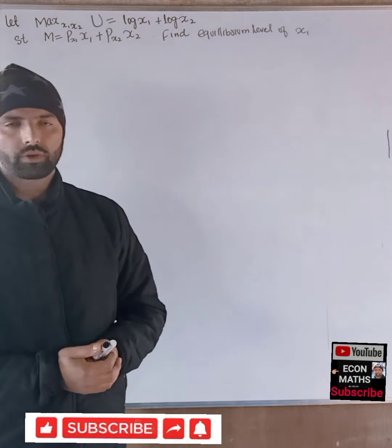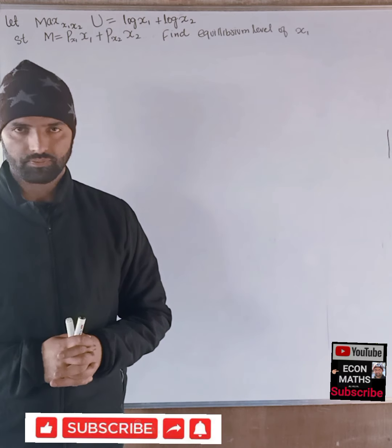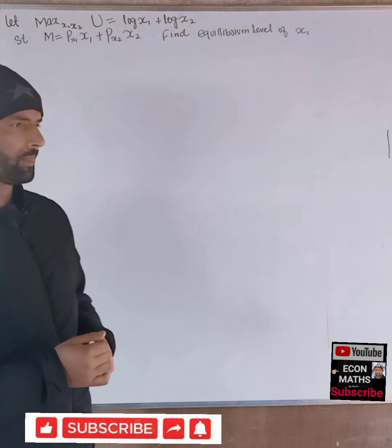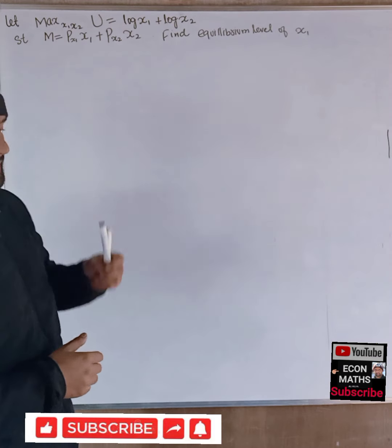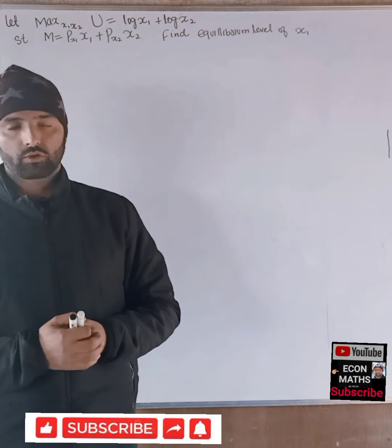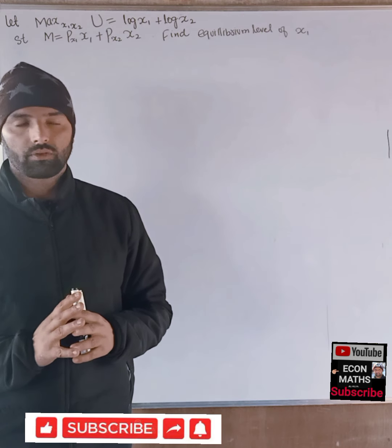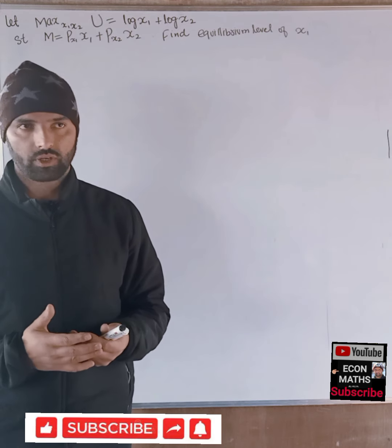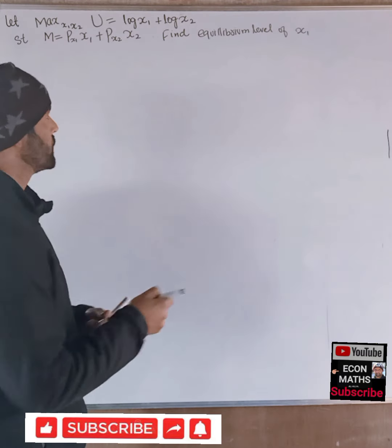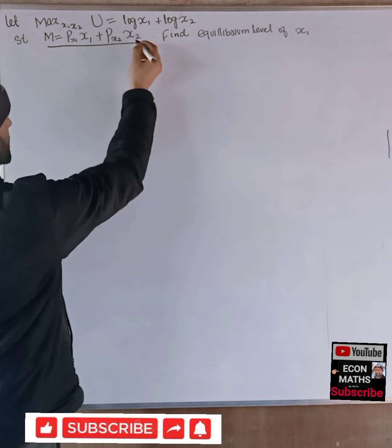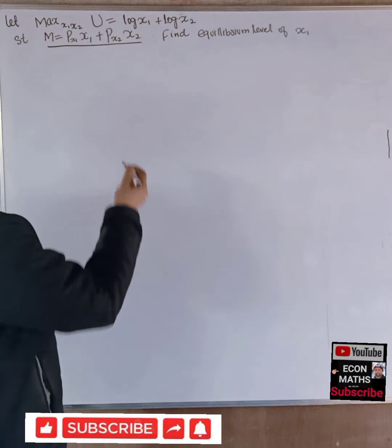So we will use Lagrange's method of finding the optimal bundle here. First of all, in this situation, we will form the Lagrange's function. The Lagrange's function is formed by first taking this constraint function and setting it equal to 0.